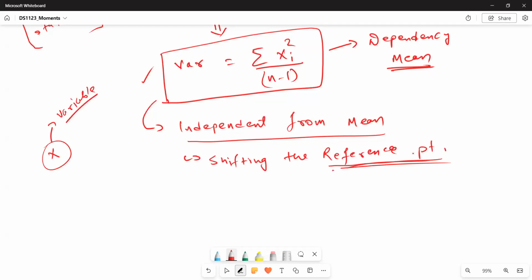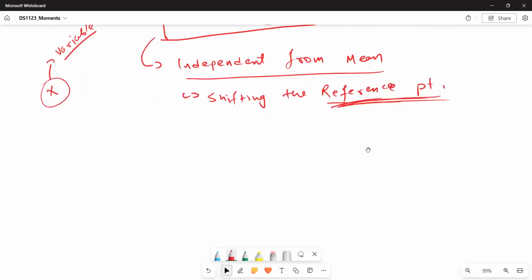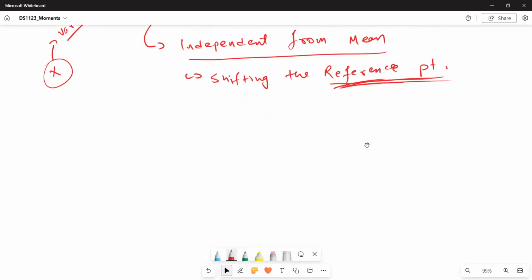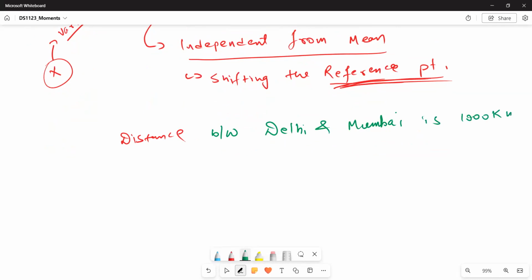So the reference point, just to give you a broader idea, is the point from which you're calculating everything. Let's say the distance between Delhi and Mumbai is 1000 kilometers.